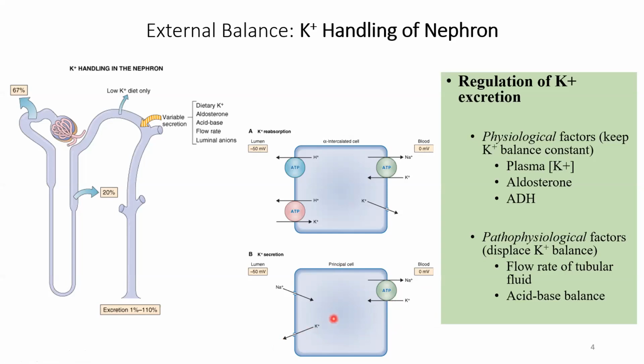So with that in mind, let's look at these factors. One is diet, which enhances the gradient across the DCT cells. And remember insulin that we talked about? Insulin also works on these cells. It enhances the ATPase. It pushes in more potassium, and hence it gets secreted from the luminal border.